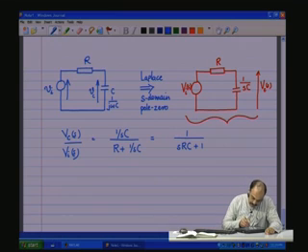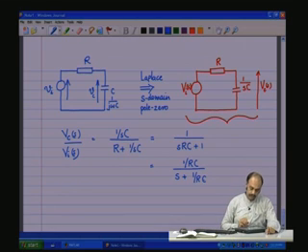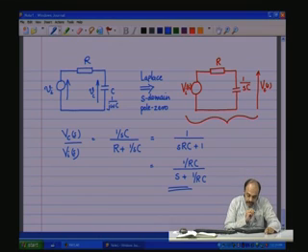Still further simplifying, we can write it as 1 by R C divided by S plus 1 by R C. So, this is the transfer function for this network, that is, for this RC network.